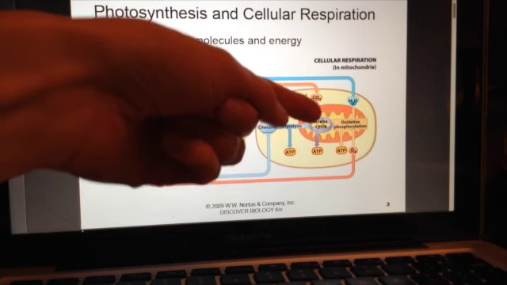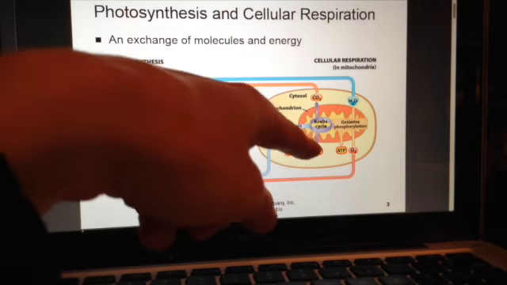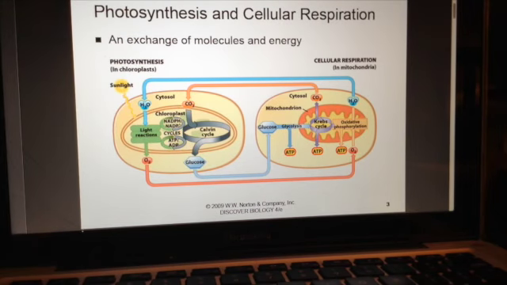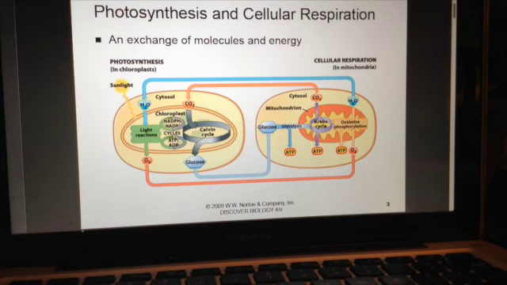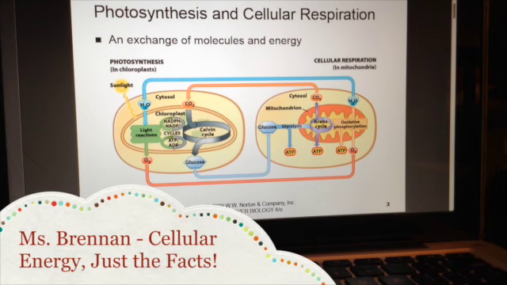So pyruvate comes in, carbon dioxide leaves, and about 2 molecules of ATP, as well as some other energy-carrying molecules. Then in oxidative phosphorylation, the last stage, you have ATP, FADH2, NADH that are used as energy molecules, and oxygen is coming in, and water, along with a significant amount of ATP, is produced, and that's what's leaving the last stage of cellular respiration.